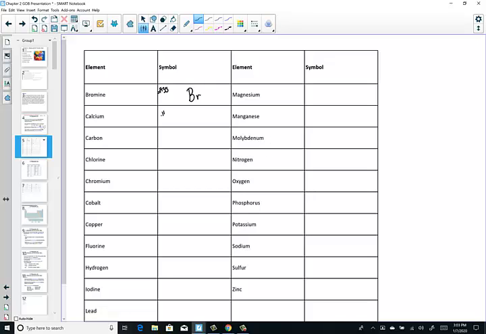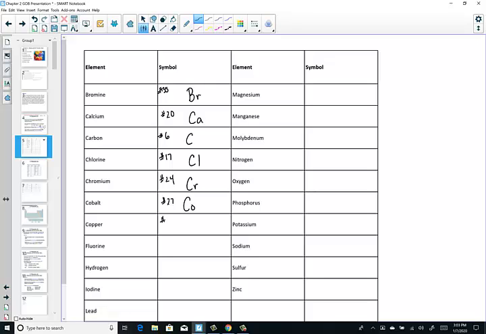Calcium you found as number 20, Ca. Carbon is number 6, capital C. Chlorine was number 17, that's Cl, lowercase. Chromium number 24, Cr. Cobalt number 27 gives us Co.